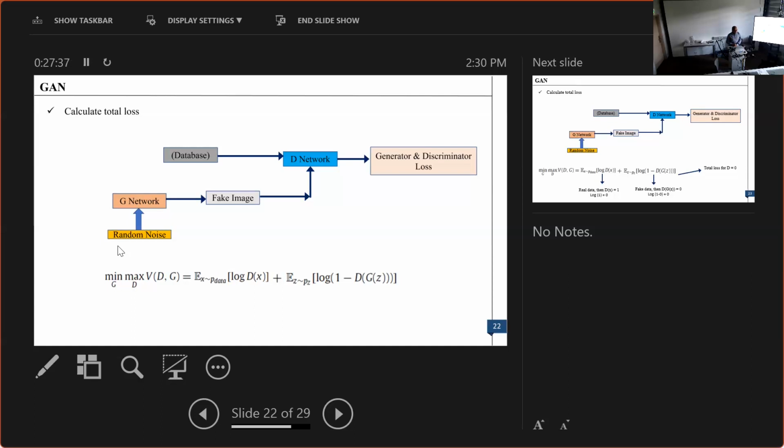In order to do that, we have two parts. The first part belongs to real images, and the second part belongs to fake images.